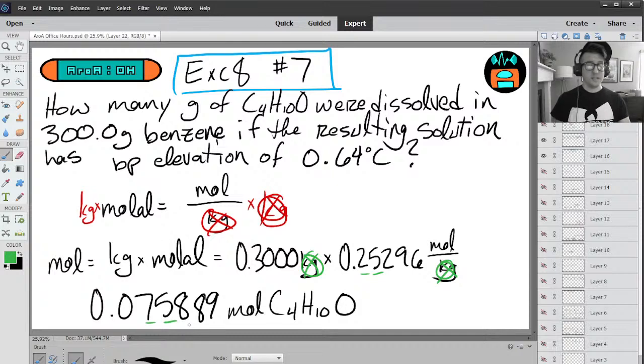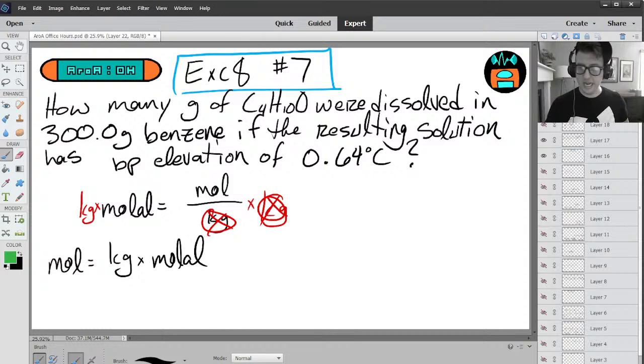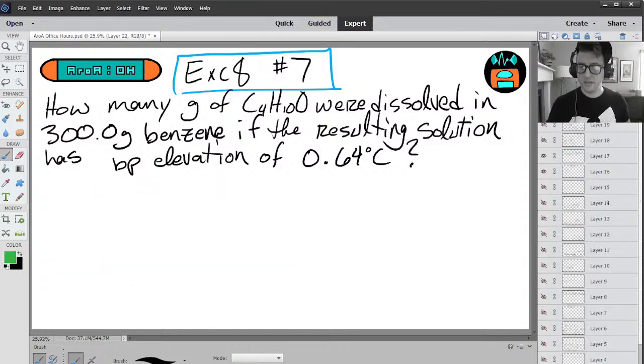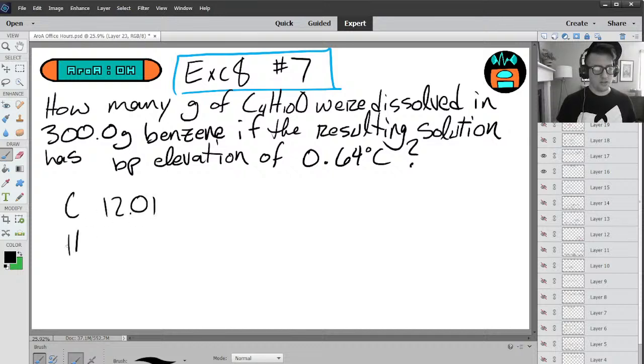Now, something you have to be aware of. So we need to take this number and convert it to grams. To do that, we need to calculate a molecular weight for diethyl ether. So diethyl ether has carbon, hydrogen, and oxygen.